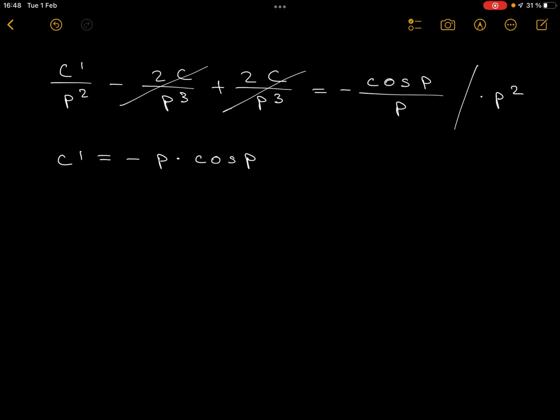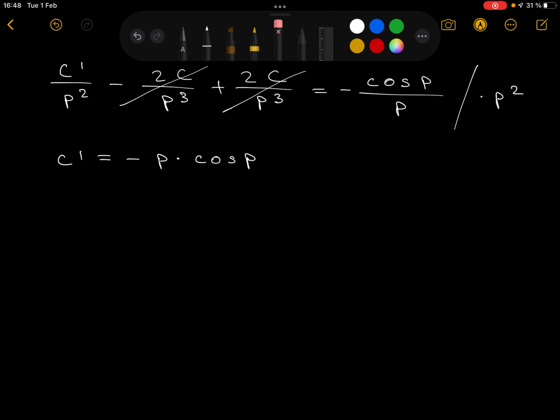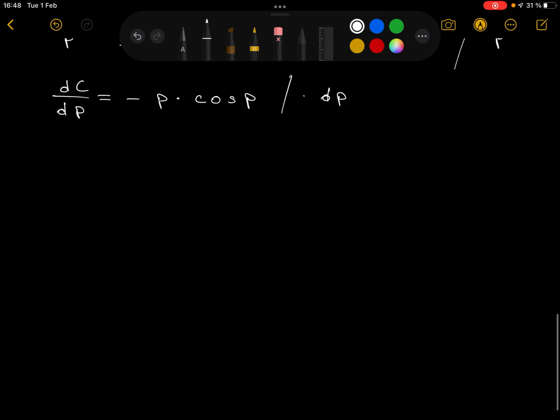Or in other words, since c prime can be rewritten as dc over dp, and then we can multiply everything by dp, we'll get that dc is equal to minus p cosine p dp.